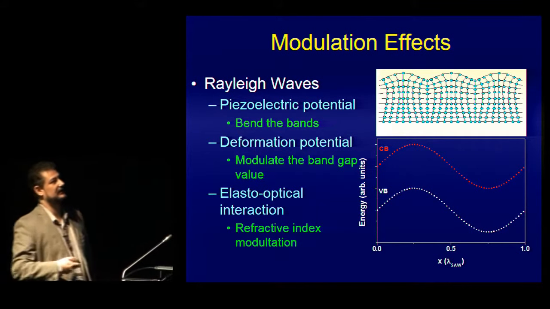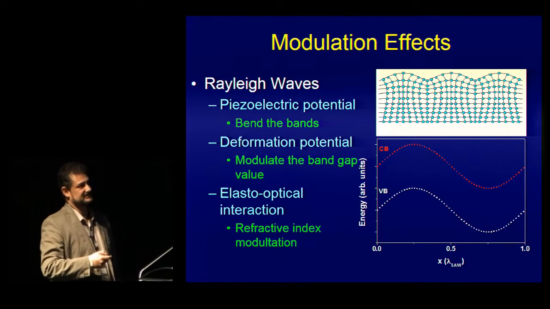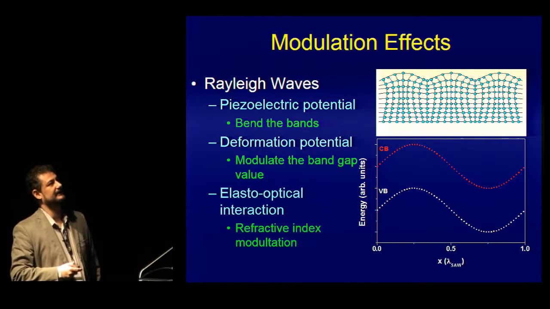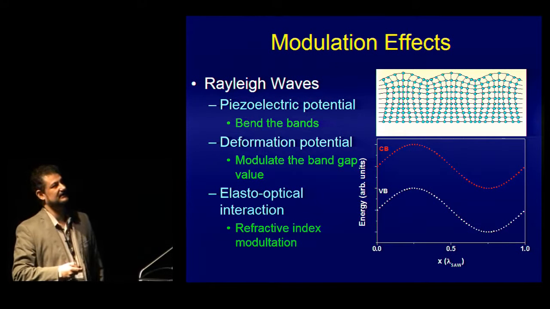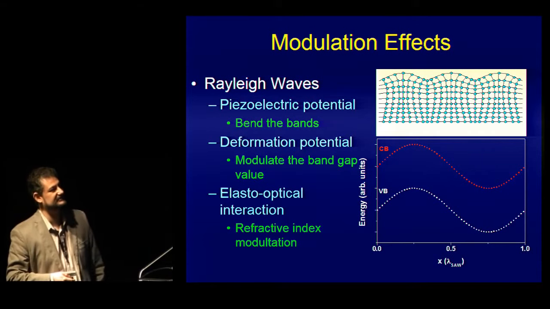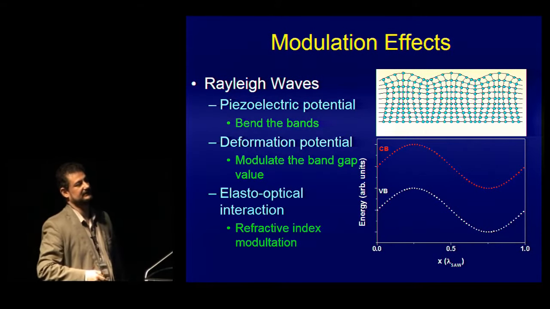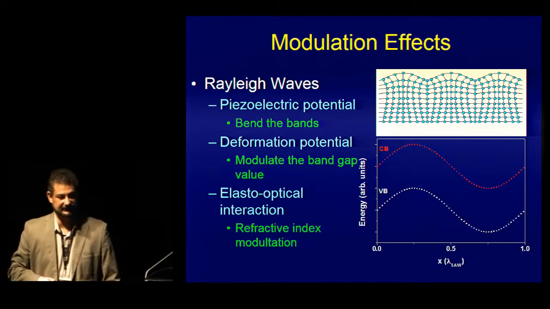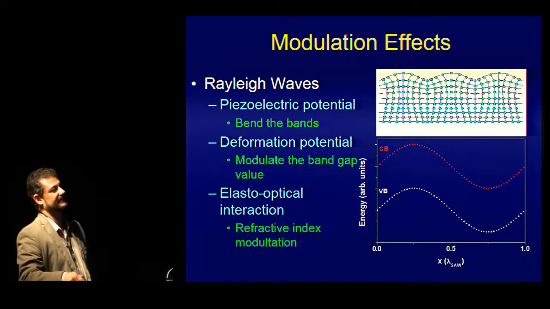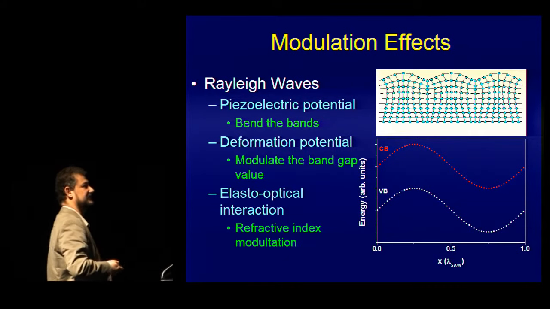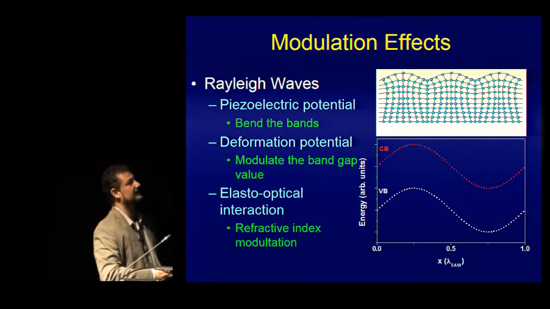So what can we do with these surface acoustic waves? The acoustic modes that we use are typically Rayleigh waves, and since it has a piezoelectric potential, the materials are piezoelectric, the first effect is that it bends the conduction and valence band of our semiconductors because of this electric potential that is also sinusoidal.